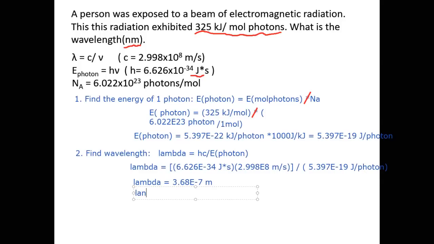So lambda equals 368 nanometers. So that's the wavelength of one photon in that beam.